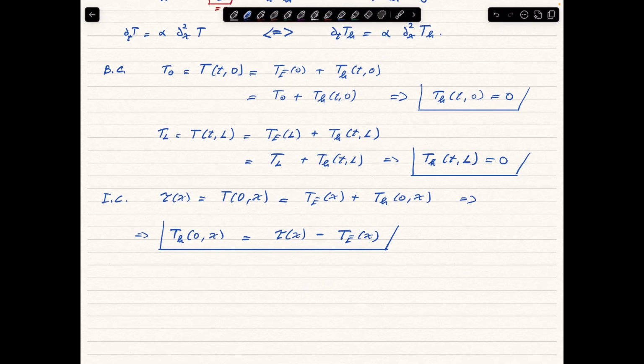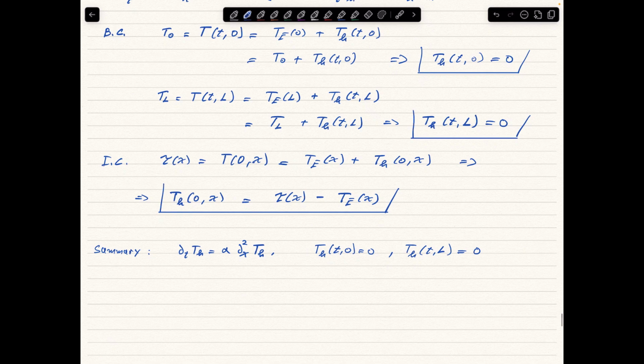So, summary. The function that we want to look for, TH, satisfies the heat equation. It satisfies homogeneous boundary conditions: TH at 0 has to be 0, and TH at L has to be 0.